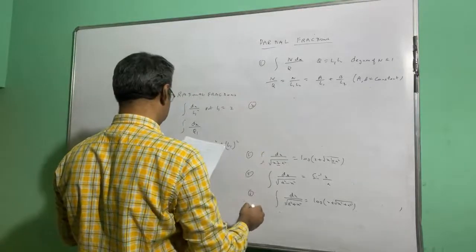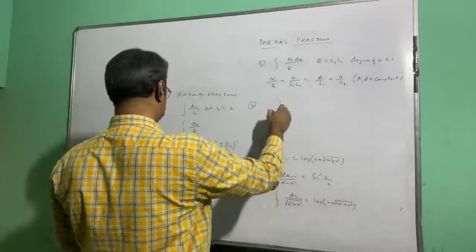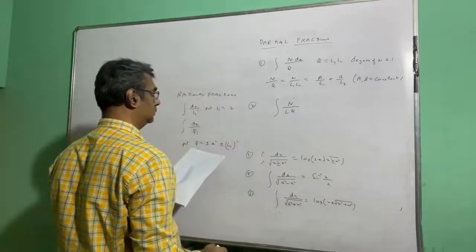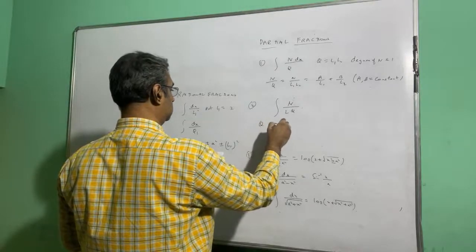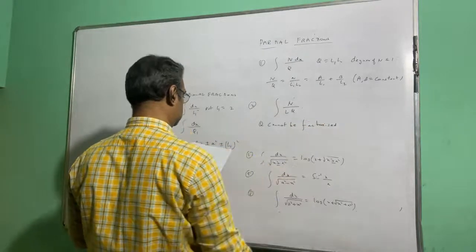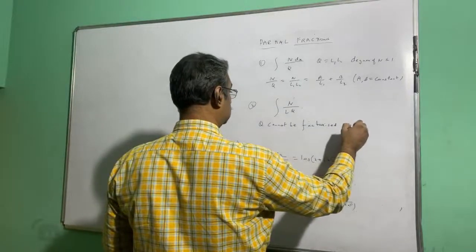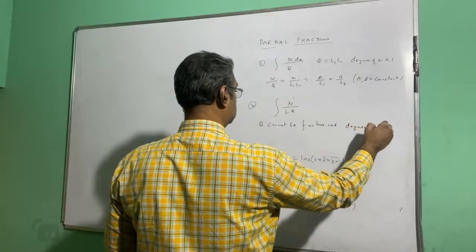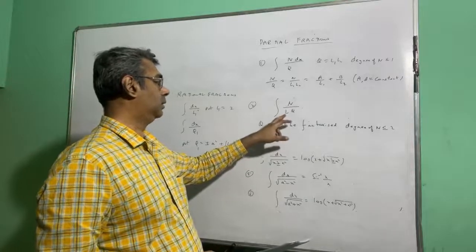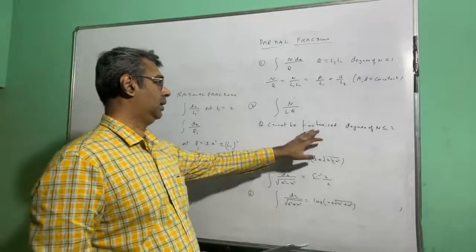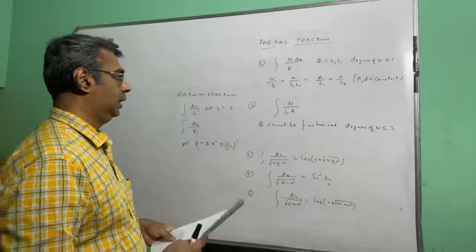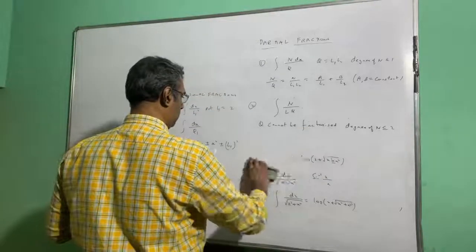Then we come to partial fractions technique number two. So suppose numerator divided by linear into quadratic, but the quadratic cannot be factorized, and the degree of the numerator is less than equal to 2.